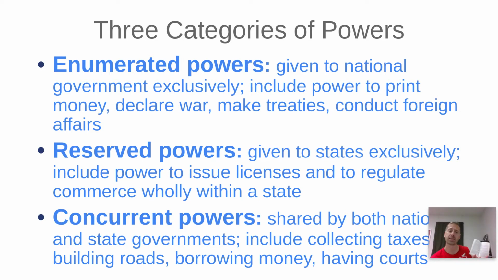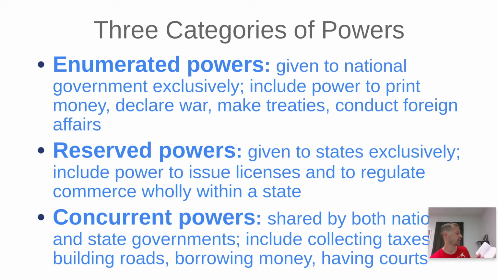You can't make something illegal retroactively. No tax or duty shall be laid on articles exported. So no tax on exports is a denied power. No title of nobility. The president or Congress can't make someone a lord or a lady or a duke or a duchess. Pause it. Read through Article 1, Section 9. These are denied powers.